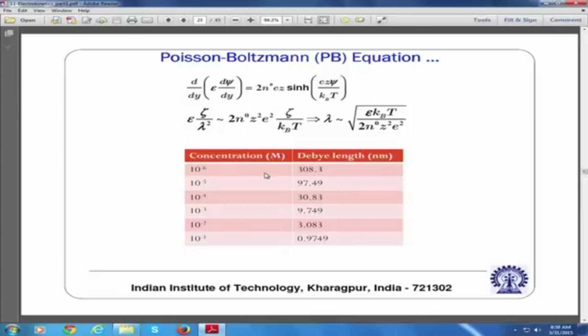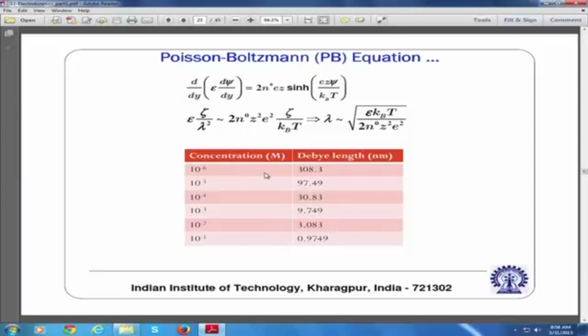Then 10 to the power minus 5 is close to 100 nanometer, 10 to the power minus 4 close to 30 nanometer. In this way, at 10 to the power minus 1, you see how small it is.